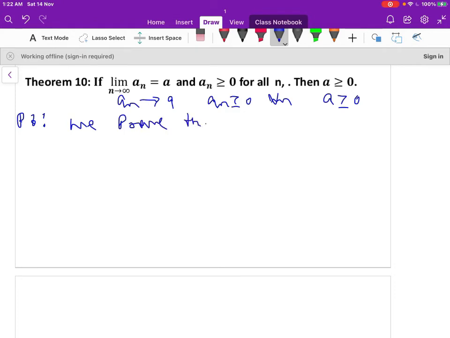We prove the theorem by the method of contradiction.